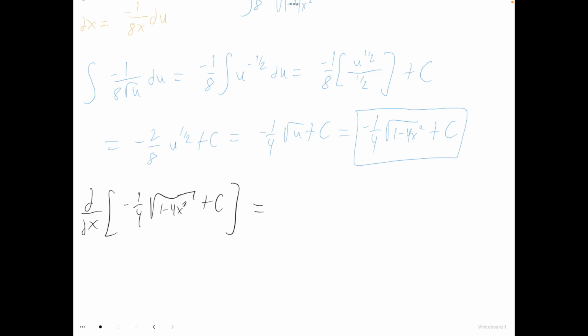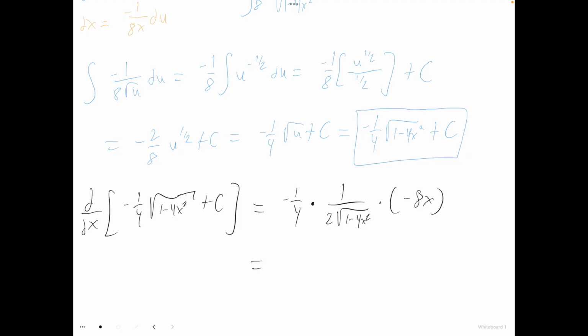well, we're going to have to use the chain rule here. So we have negative 1/4 times the derivative of the outer function, it's going to be 1 over 2 square root of 1 minus 4x squared, times the derivative of 1 minus 4x squared, which is negative 8x.